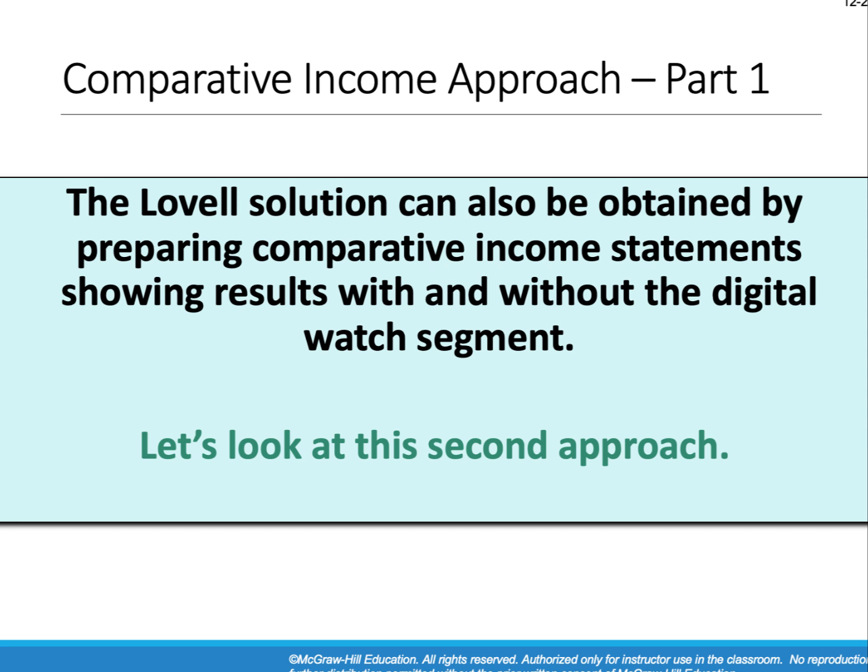Now, we can do the total approach method, okay? This one's a little bit longer to do, and the differential approach is definitely the best route to go. But let's look at the total approach, or the total cost approach.